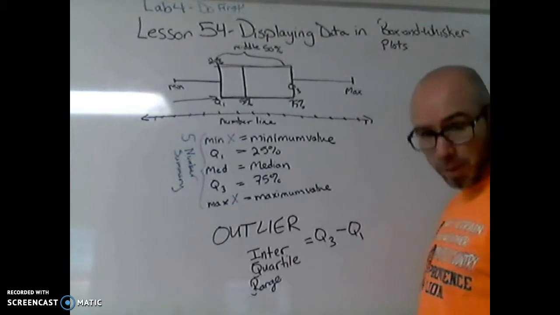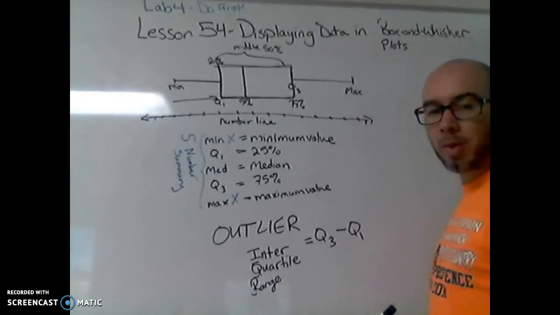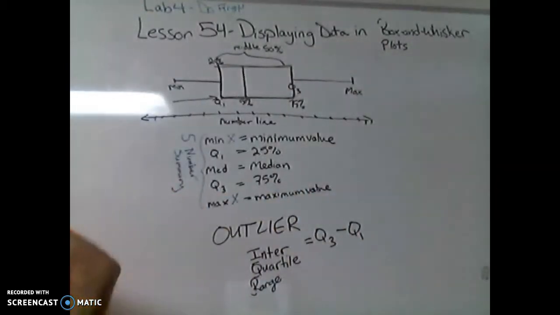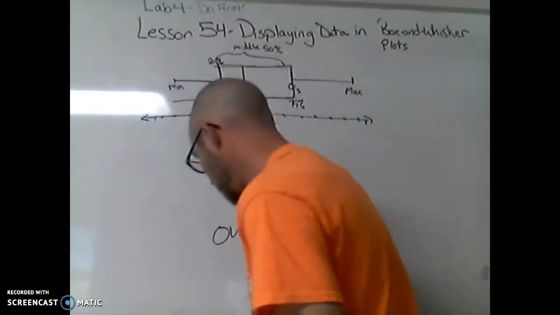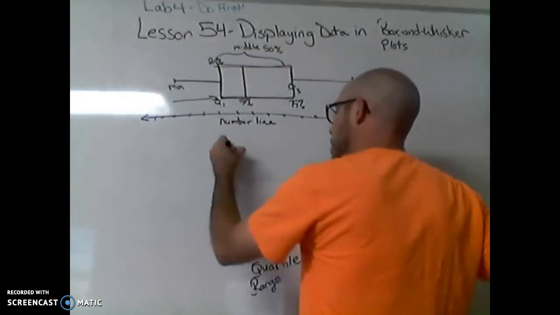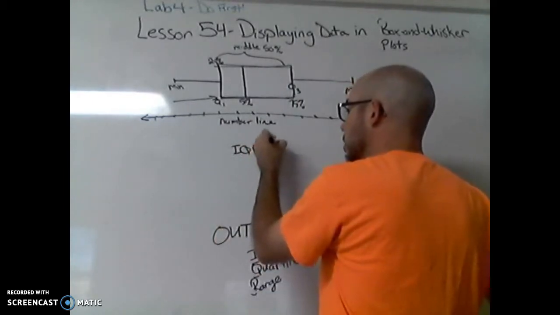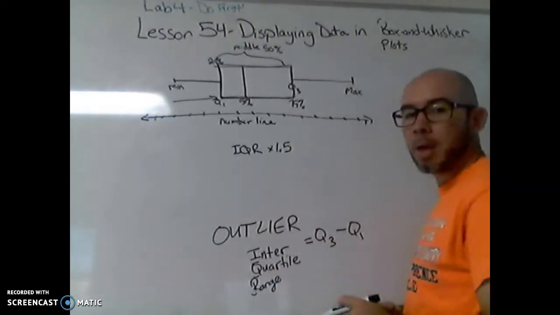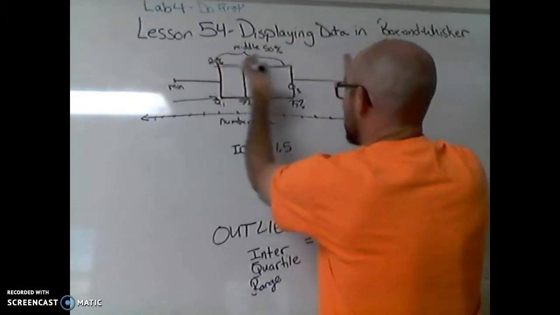That's it. That's what you start with: quartile 3 minus quartile 1. From there, you do a little math. You take your interquartile range, whatever that number is, and you multiply it by 1.5. You say, well, it's 50% bigger than this box.